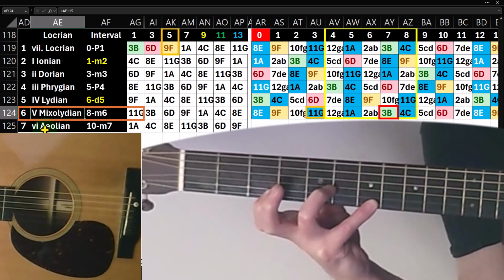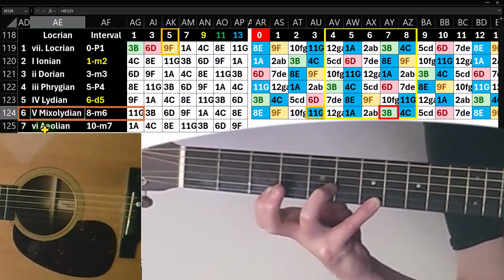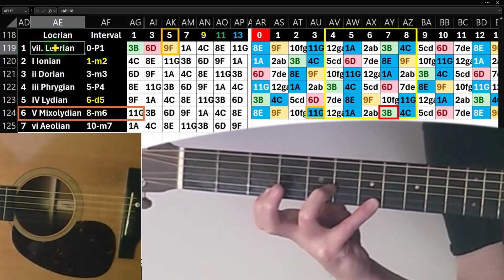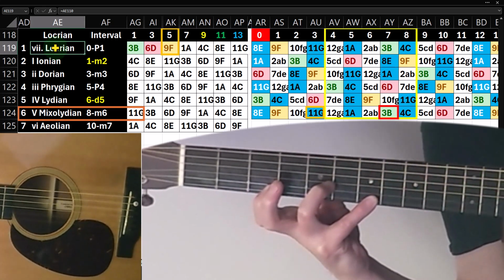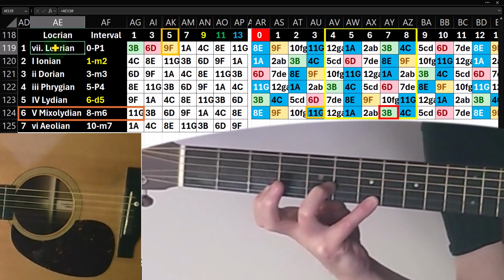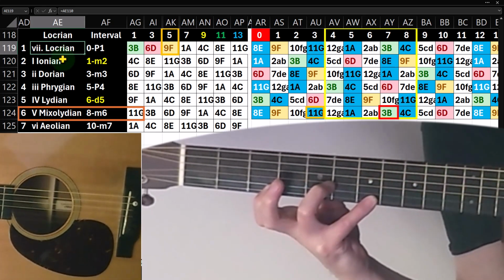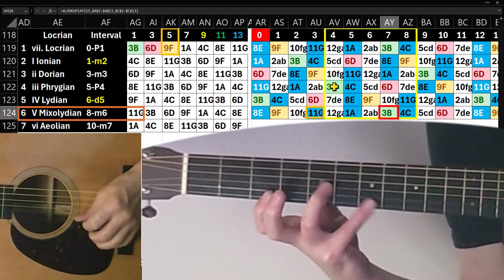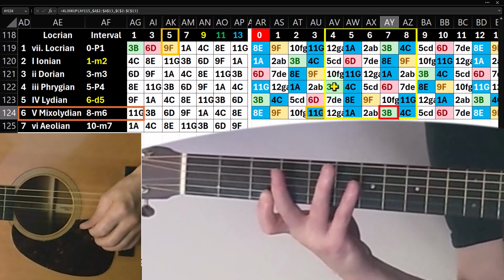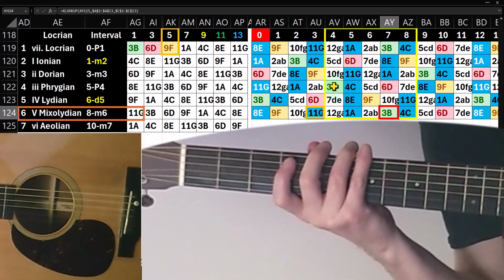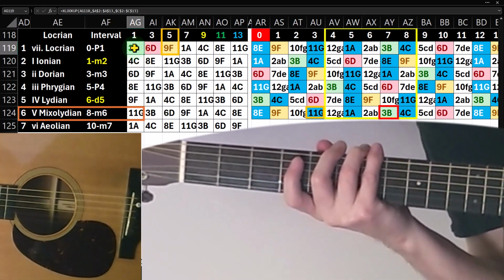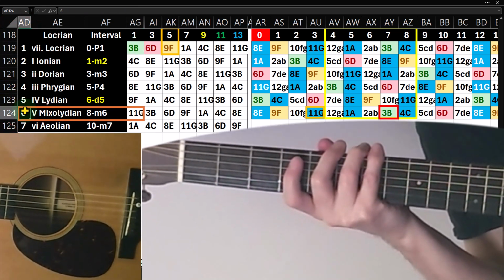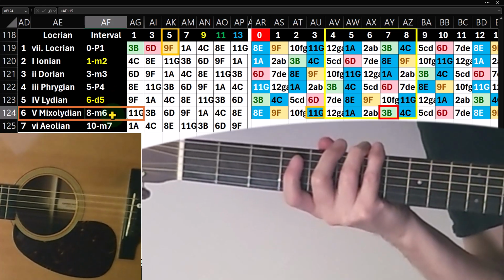If I look at it from the perspective of absolute mode number 5, the Mixolydian mode, to absolute mode number 7, the Locrian mode, then again it's going to be the 4 note away major third. If I go the other way, I'm going from B to G. So now I'm looking at it from the Locrian perspective, from relative position 1 to relative position 6, which gives me that 8 note away minor 6.